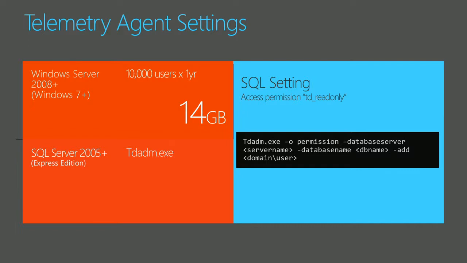So you can basically assign a global group to that database role, and now you can have people opt in. People in this group get access to read the data in the dashboard. So only people that have the specific access get there. And this TD admin tool can be used as a command line tool to set that permission instead of having to go into SQL Server Management Studio, which you can, but it's just an easier way.